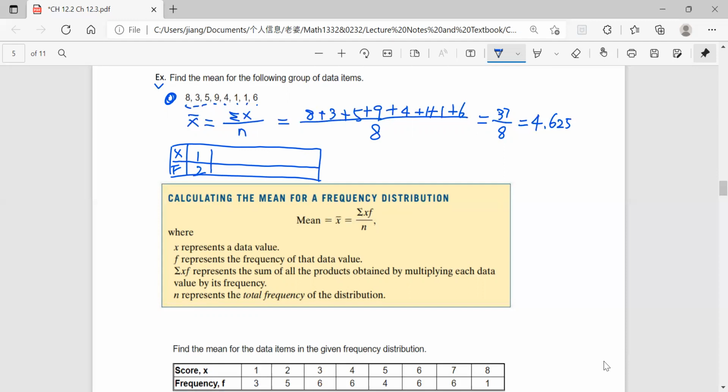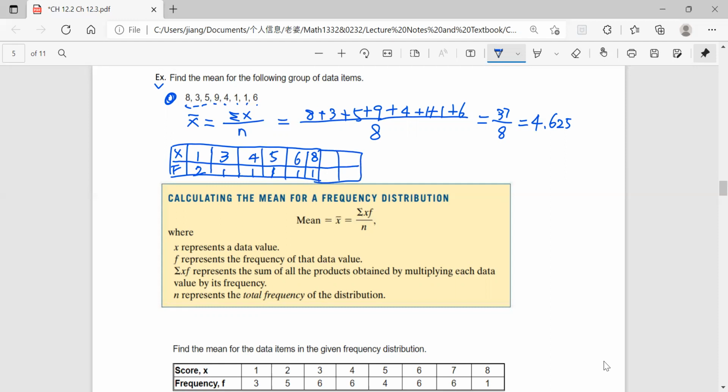How about the next one? The next one is 3, because it's greater than 1. So 3 occurs 1 time. The next one is 4, which appears once, and 5 appears once, and 6 appears once, and 8 appears once.